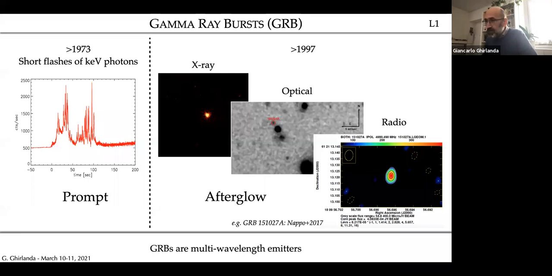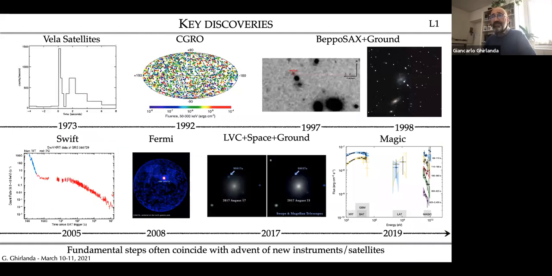A possible summary of the gamma ray burst history in a single slide is represented through these steps. We have known these sources for 50 years, but the understanding of their physics was built up through the years, thanks to what I think are the milestones. Since their discovery in 1973, we go to 1992, when one of the main results of the Compton Gamma Ray Observatory was showing that these sources are isotropically distributed in the sky, thus suggesting that they could have a cosmological origin.